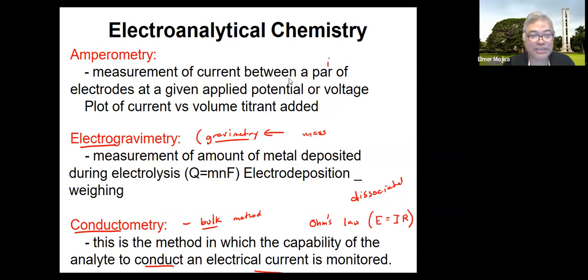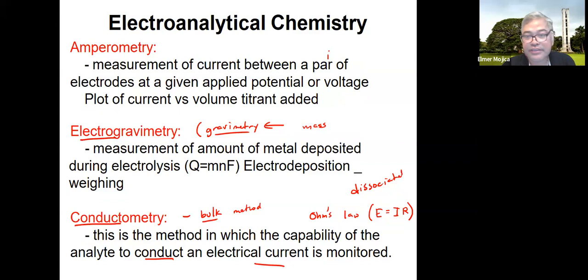So conductometry is, we could say, like listening to the different sounds the bridge makes to determine the materials it's made of. So it depends on kung ano yung materials mo, magka-conduct siya ng electricity. Okay? So that's how we could say the different methods in electroanalytical techniques or chemistry, and they are being used upon it.